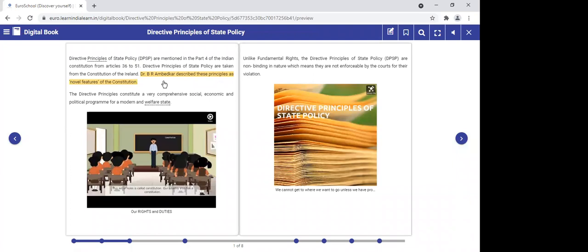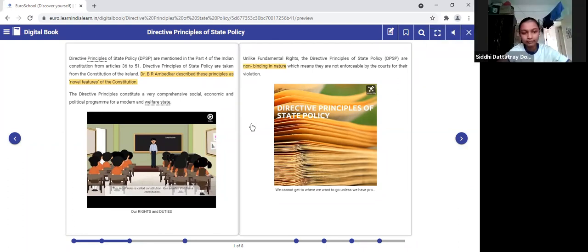If we compare fundamental rights with directive principles, directive principles are not binding in nature. Please underline this. That means it is not enforced on the citizens to follow the directive principles, and if any citizen fails to follow them, he or she will not be punished for violation of these directive principles. Got it?